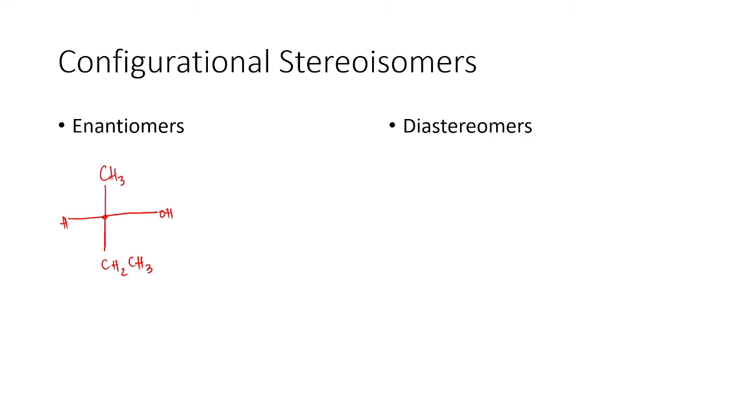For its enantiomer, since it is a mirror image, if we have here our CH3 and our CH2, CH3, we will have an OH here and our hydrogen here. So that is our enantiomer. Sir, how do we base that on the mirror images?